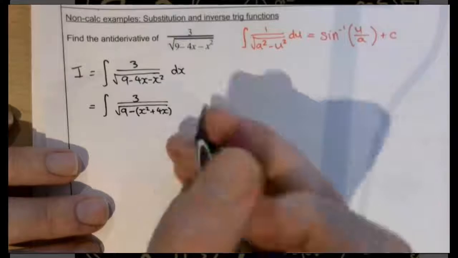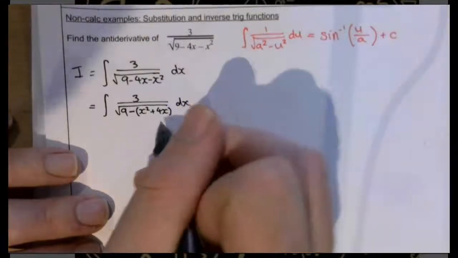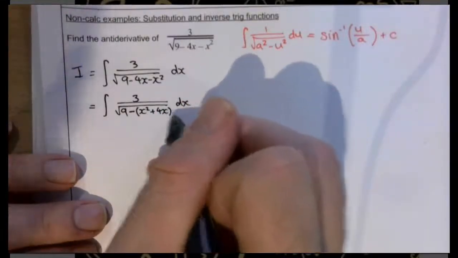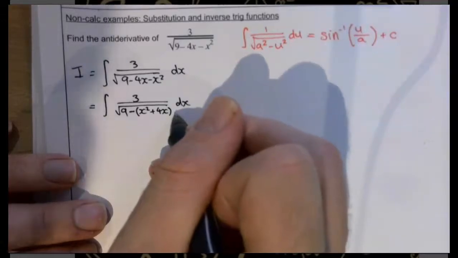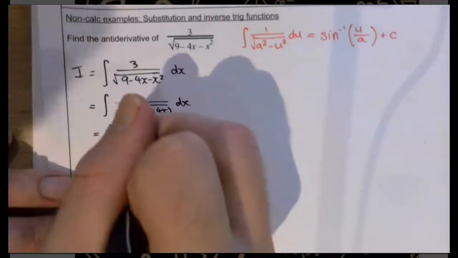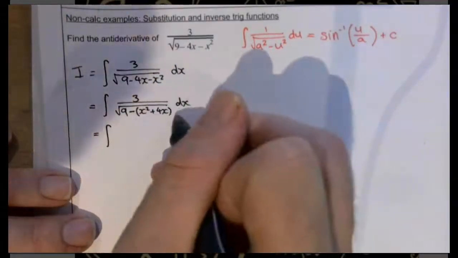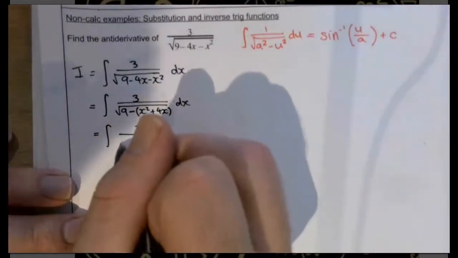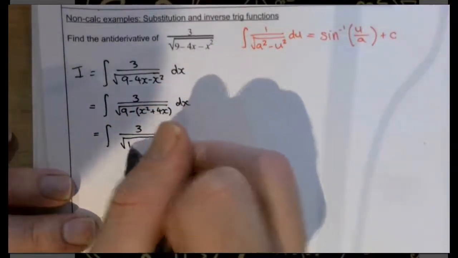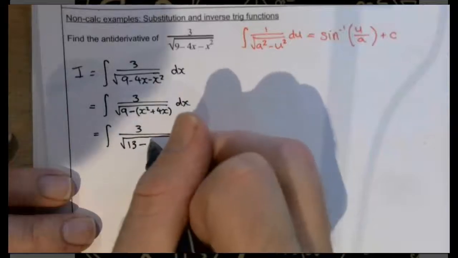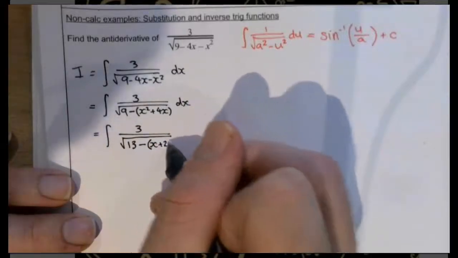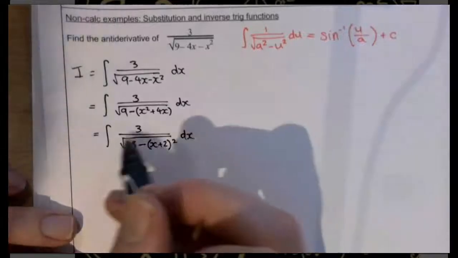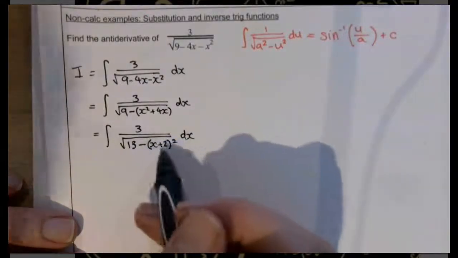And to make this a perfect square, this is close to x plus 2 all squared, but that would give me a plus 4, and if I'm going to have an extra plus 4 in here, because it's negative because of the subtraction, I'm actually going to have to make it 13 minus x plus 2 all squared dx.